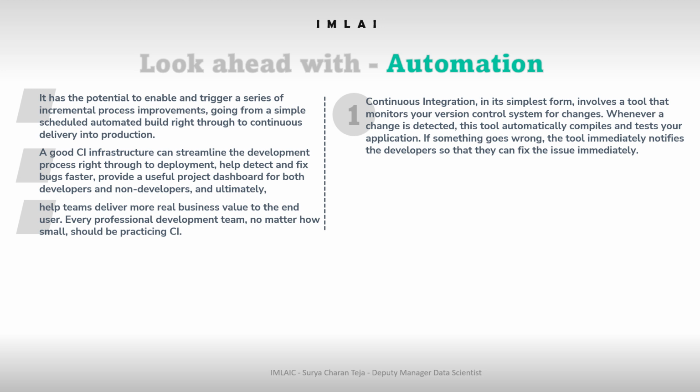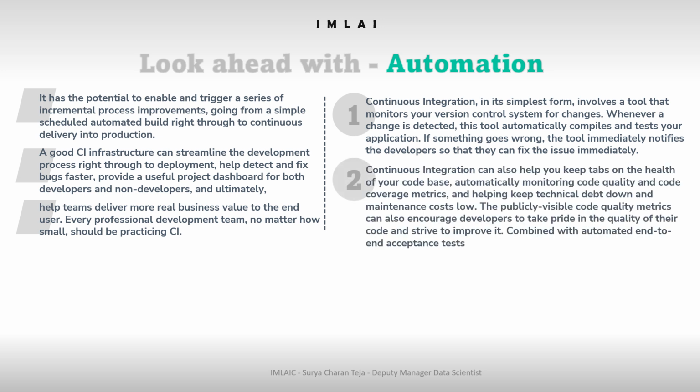If something goes wrong, the tool immediately notifies the developers so that they can fix the issue immediately. But continuous integration can do much more than what I have just said.